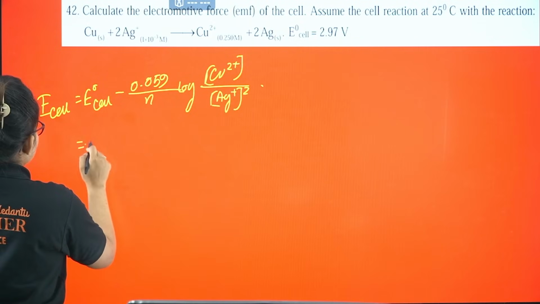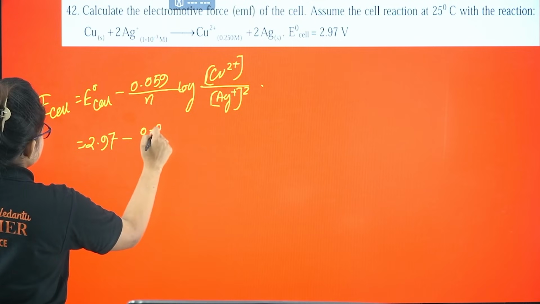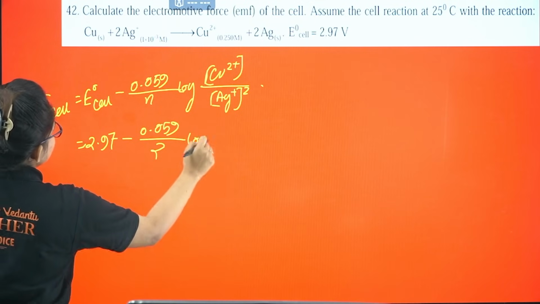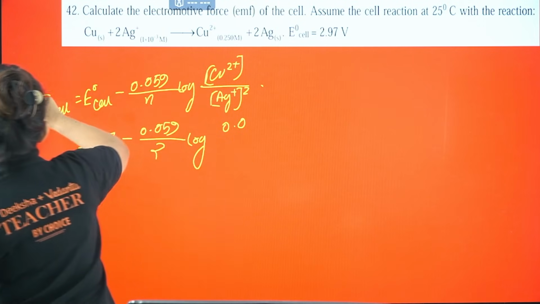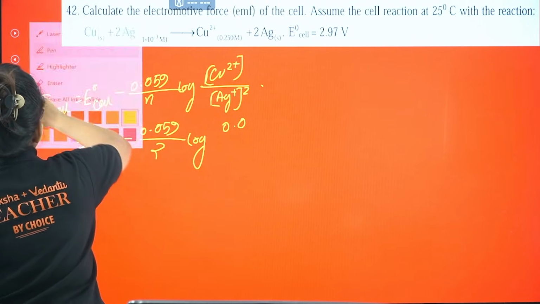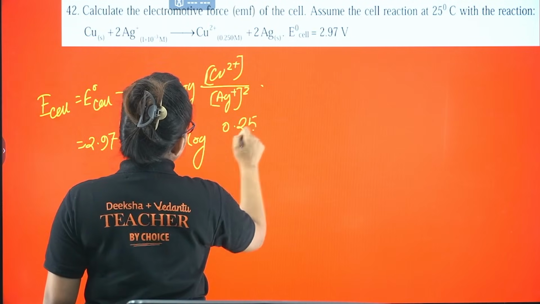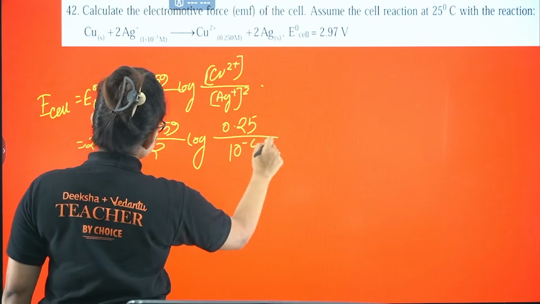So let's put the value: 2.97 minus 0.059, here the number of electrons exchanged is 2, log, let's put the value 0.25 divided by 10 power minus 3 whole square, which means 10 power minus 6.